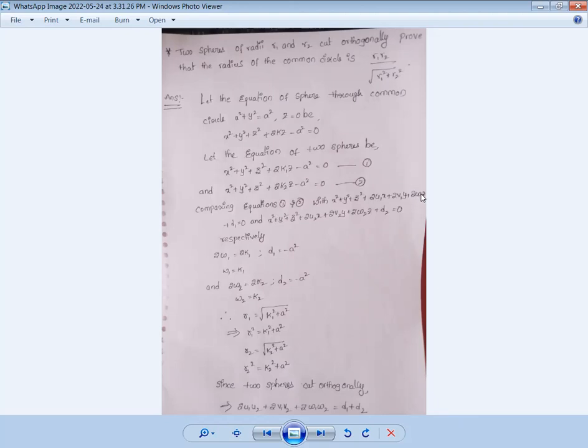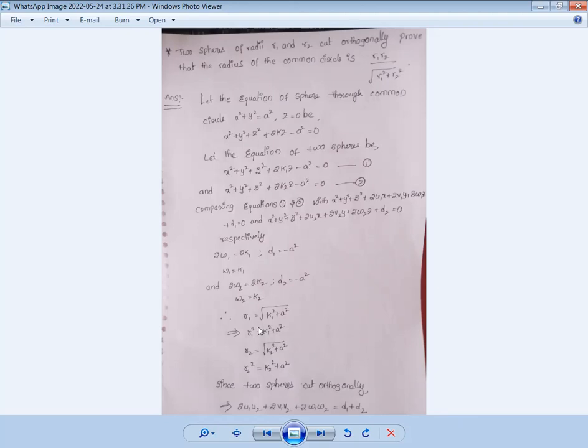Next 2w1 is equal to 2k1. Please see here, 2w1 is equal to 2k1, on both sides 2 cancels, then w1 is equal to k1. What is the d1 value? Minus a square, from equation 1.